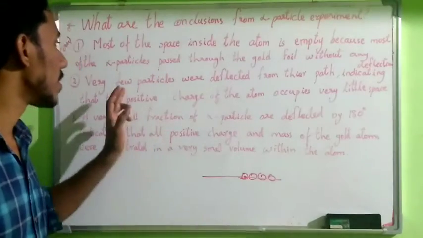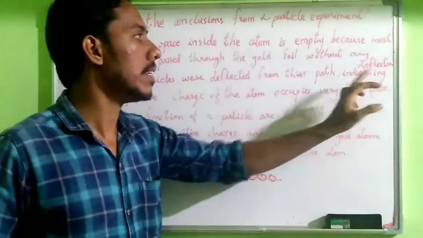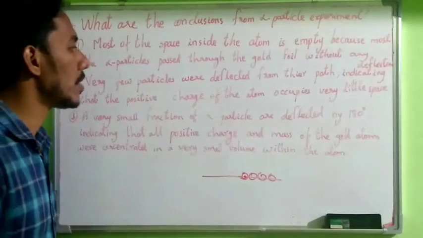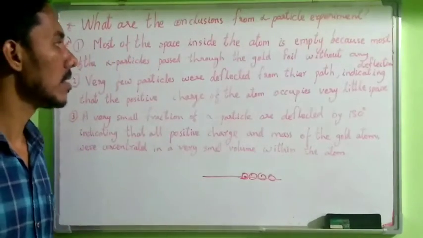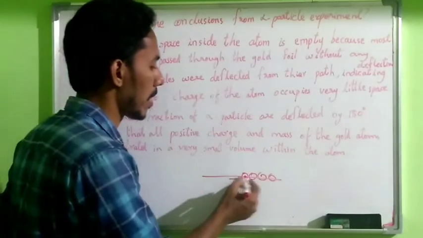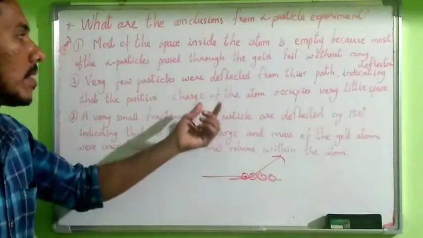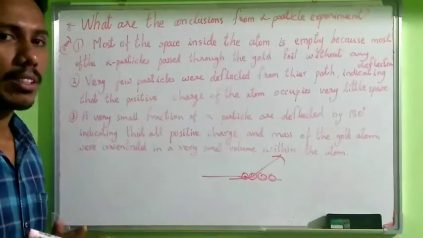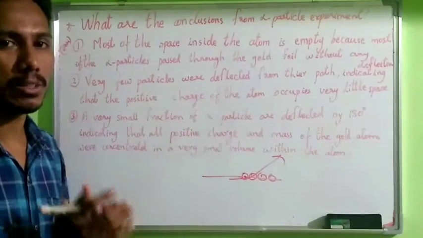His second conclusion is that very few particles were deflected from their path, indicating that the positive charge of the atom is occupying very little space. Some particles deflected, which indicates that some positively charged particle is present at the center portion. It occupies a little space.